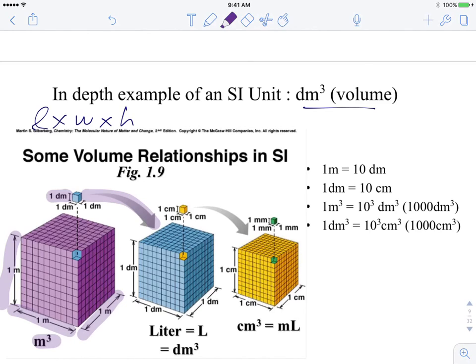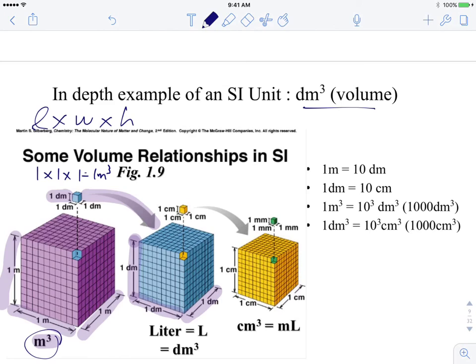So I will have, for each dimension, 1 decimeter, 1 decimeter, 1 decimeter. And so if we think about this first one, each length is 1 times 1 times 1, and they're all meters. Well, we would have 1 meter cubed, and that's what we have down here.